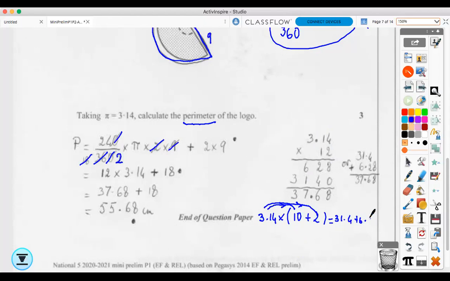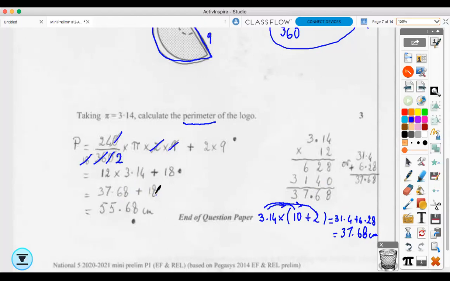Yeah? And now that is easier to do because I've got 31 plus 6, which is 37. 0.4, add on 0.2, 0.6, and then the 8 there. So without having to do any real calculations, I managed to get the first part, 38.68. You add 18.